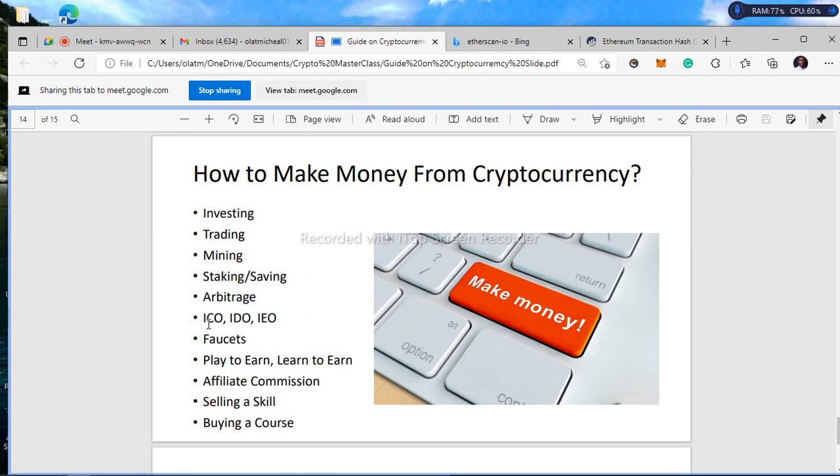And we have what we call ICO, we have IDO, we have IEO. ICO means initial coin offering, IDO means initial decentralized offering, IEO means initial exchange offering. Now, all these are saying the same thing. Take for example, Apple company is starting out, right?